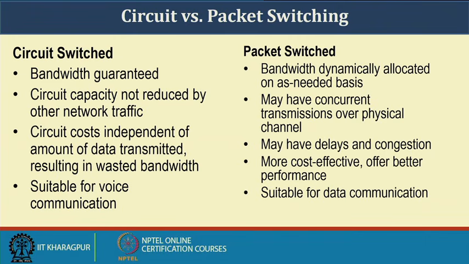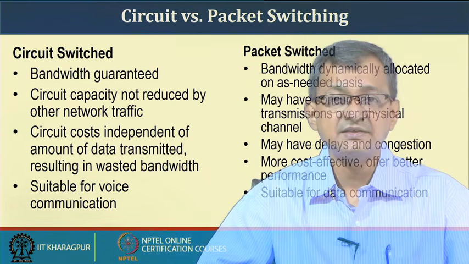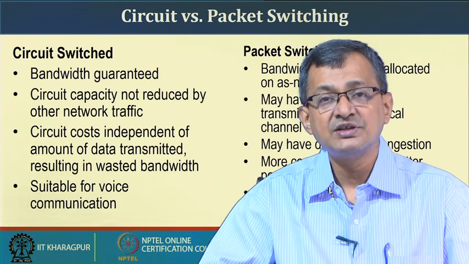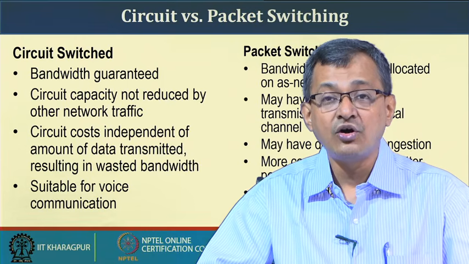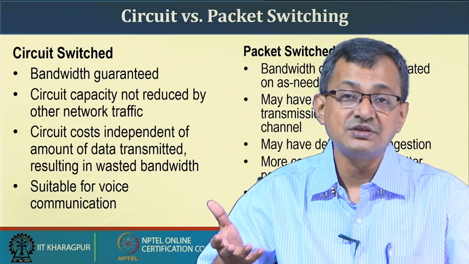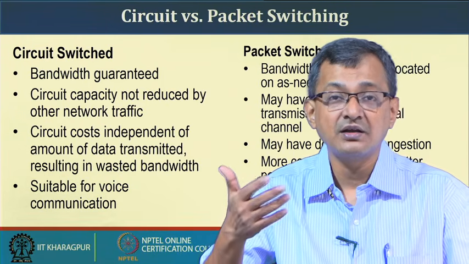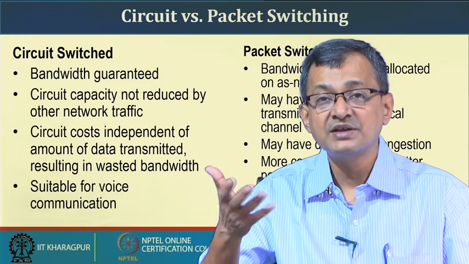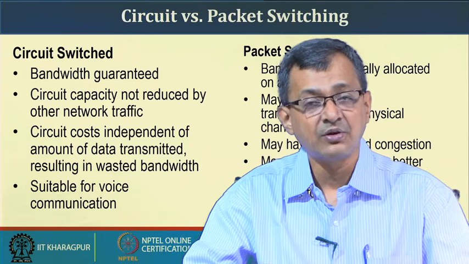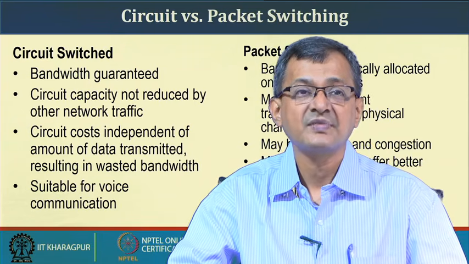So it is not guaranteed bandwidth. It may so happen that the bandwidth is not available when you need it, because you are not preoccupying the resources. So during communication you may face problems such as dropping or loss of packets.